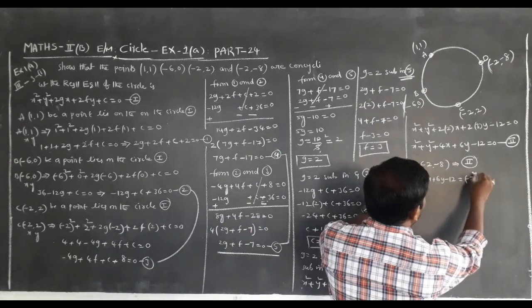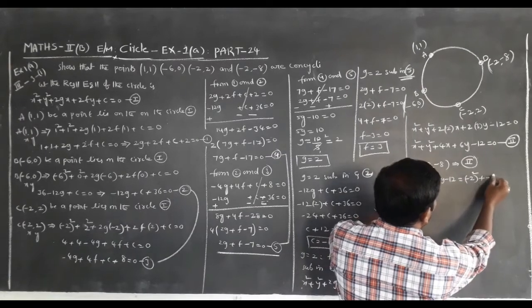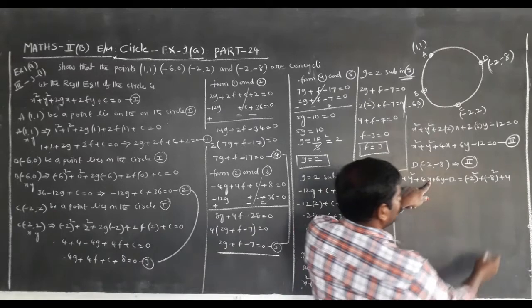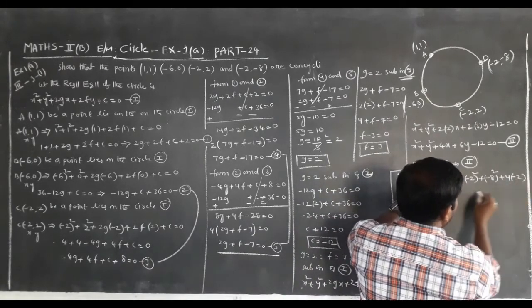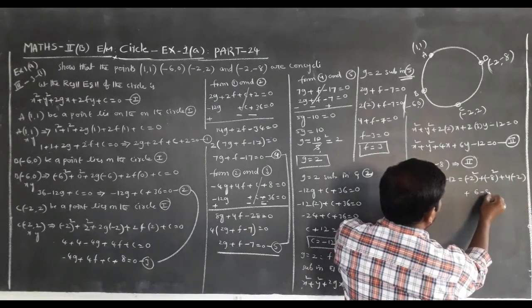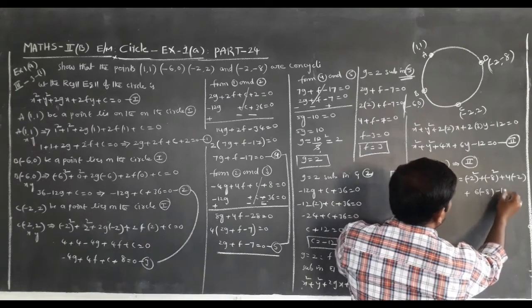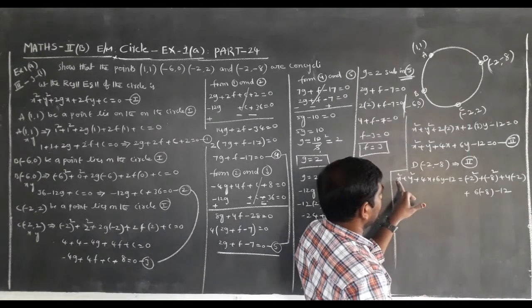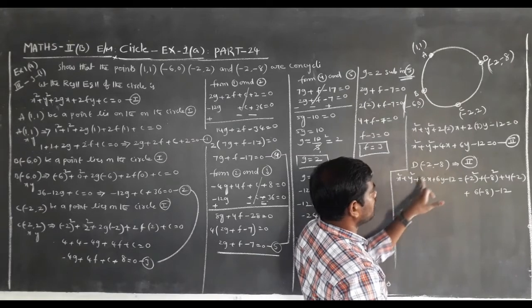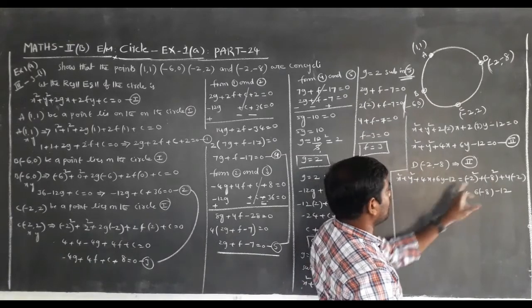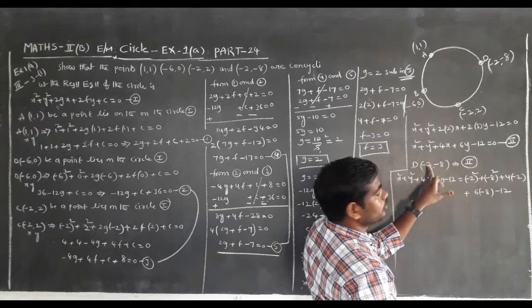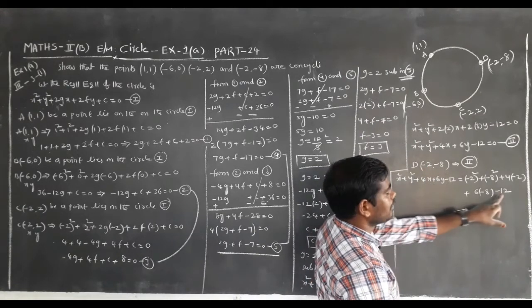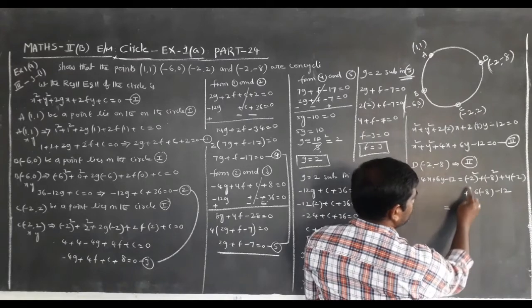Minus 2 whole square plus minus 8 whole square plus 4 into x, minus 2, plus 6 into y, minus 8, minus 12 is equal to 0.